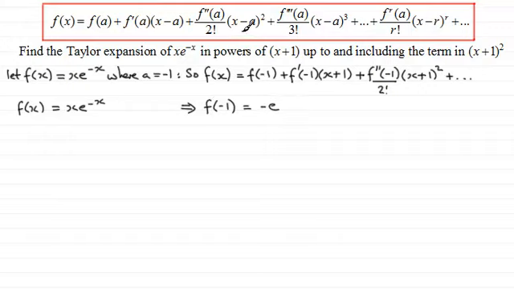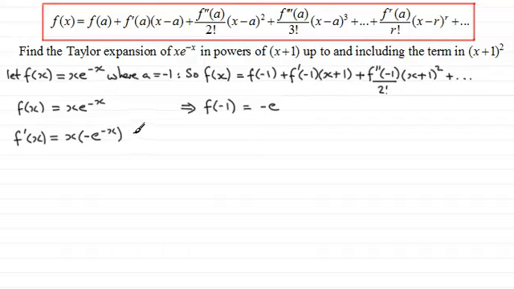Now the next term, we need to find the first differential of f of x. To do that we've got to use the product rule. So if we take x and multiply it by the differential of e to the minus x, that's going to be minus e to the minus x.